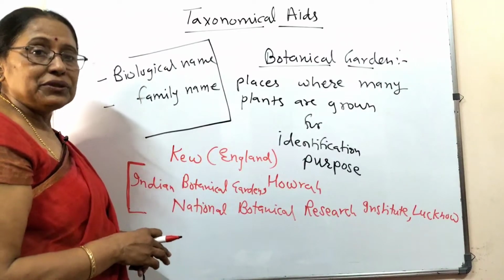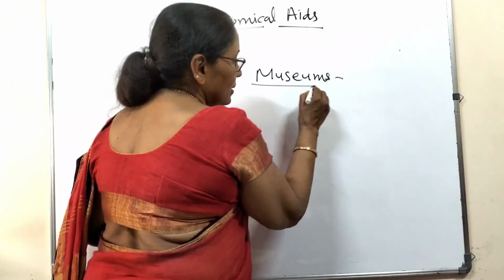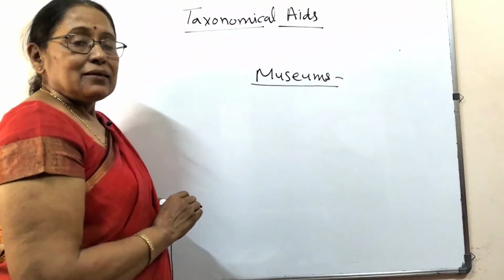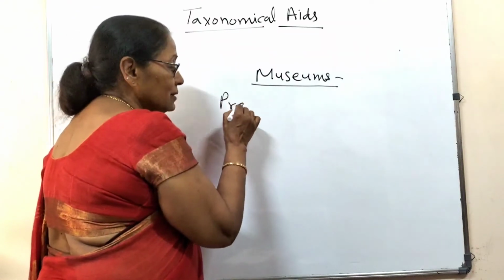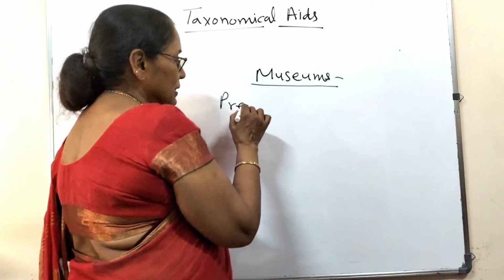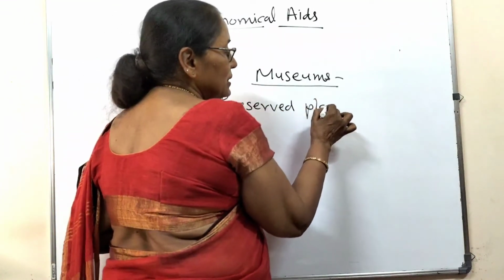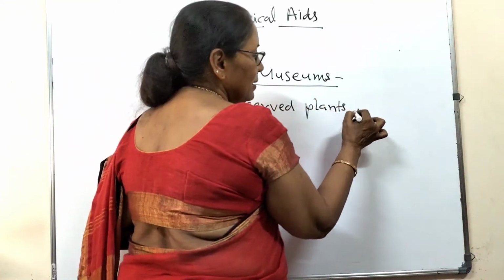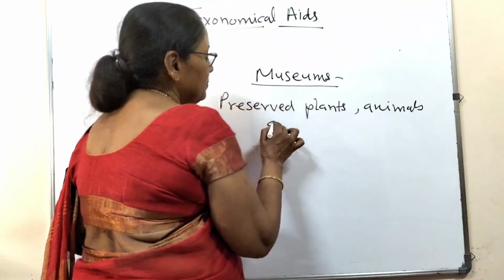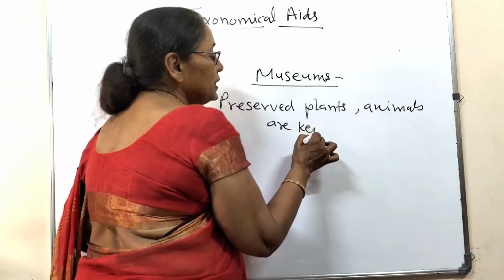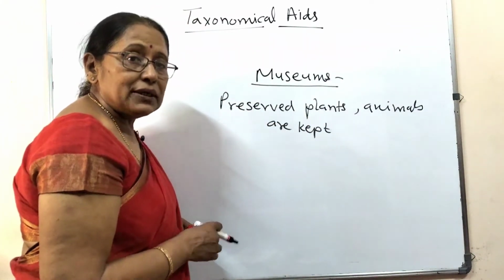Now let us see museum. What about museums? What are museums? In these museums, the preserved, not the live ones, preserved plants and animals are kept for study purpose, for reference purpose, for identification purpose.